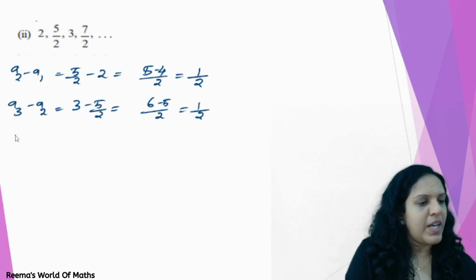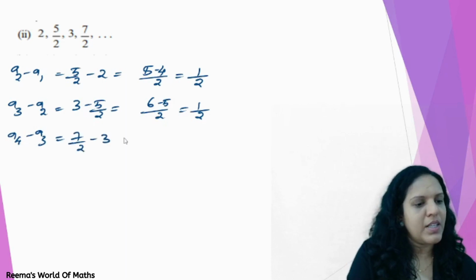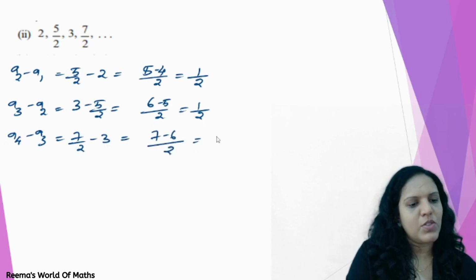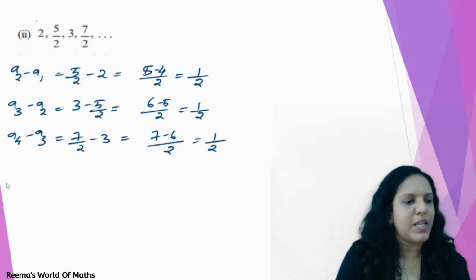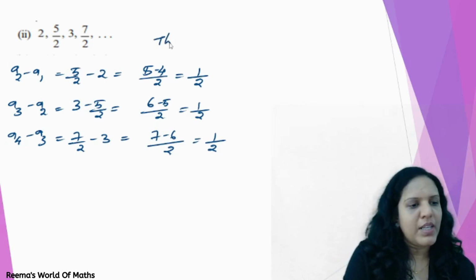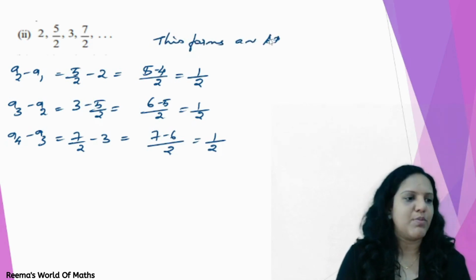Third, we have A4 minus A3, which is 7 by 2 minus 3, which will be 7 minus 6 by 2, equals 1 by 2. So here we can see the difference is common, it is constant. So this forms an AP, and we need to write the next three terms of the same.